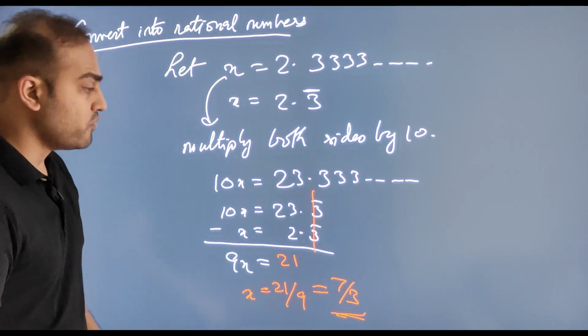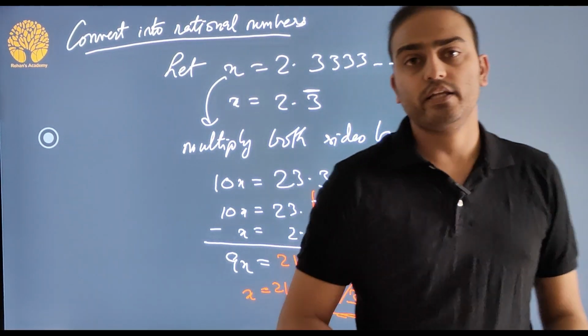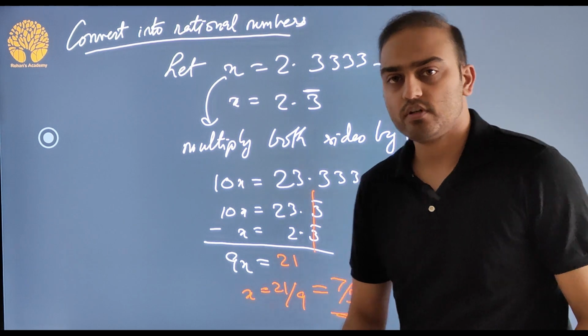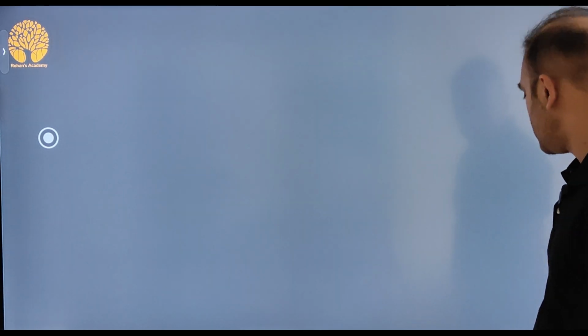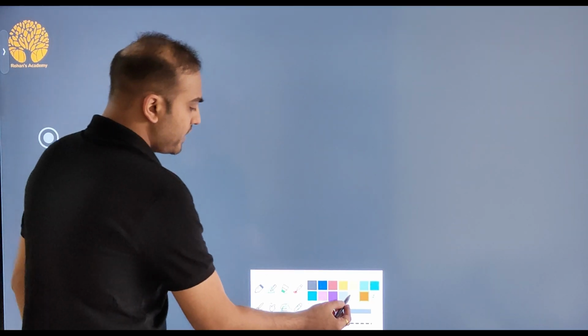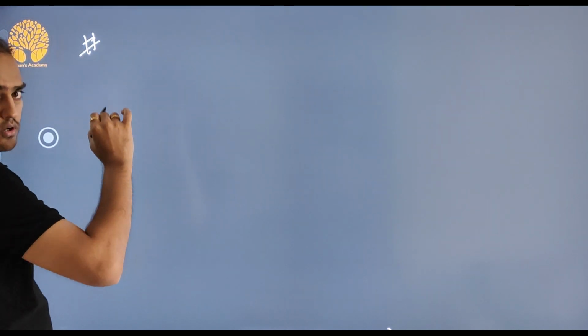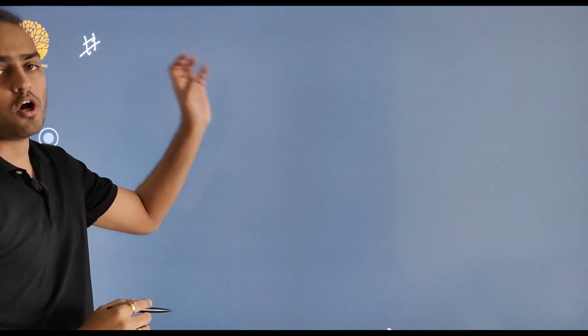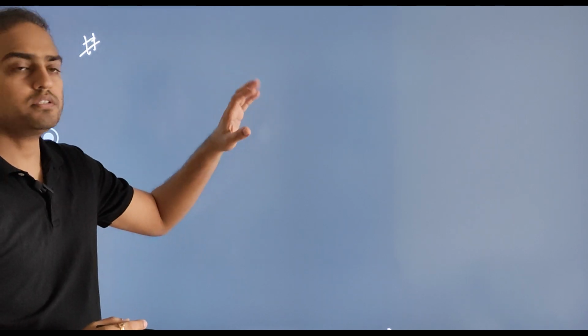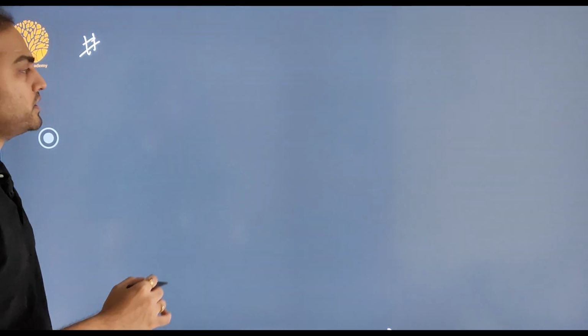Now obviously one thought will come to your mind, who will do so many steps? So for that reason, let's learn a very simple trick of solving these quickly. So we have method number 2 of converting non-terminating recurring decimals into rational numbers.